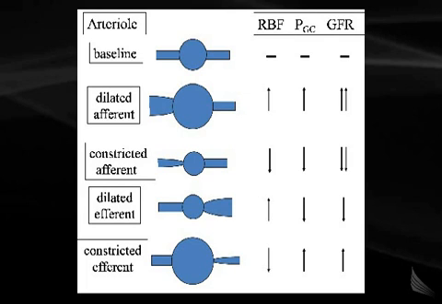Ultimately then, GFR will also increase. However, if the afferent arteriole is constricted, then both renal blood flow and glomerular capillary hydrostatic pressure will fall. Ultimately, GFR will then also fall.